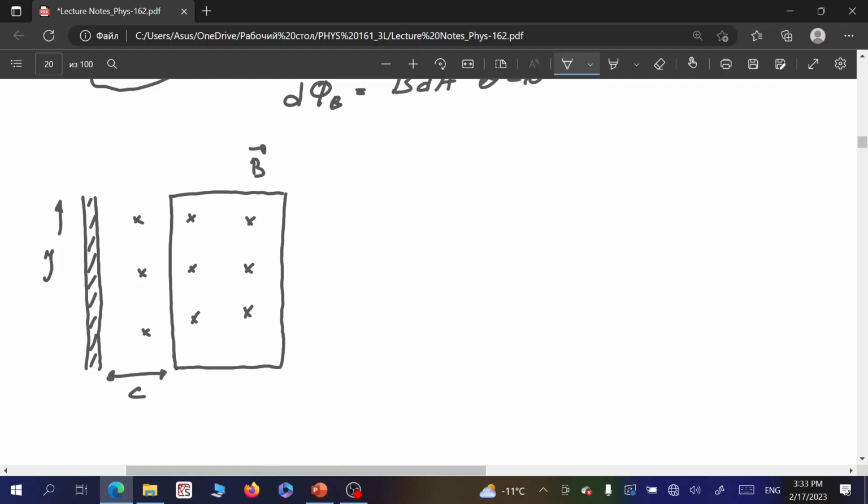Here we have the width of the frame A and the length of the frame B. So our goal is to find the magnetic field flux through the area of this frame.